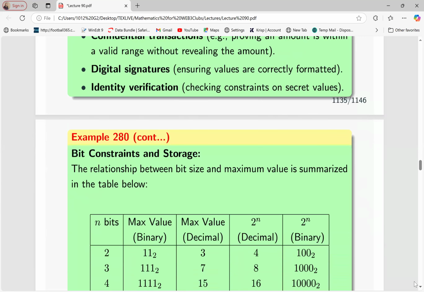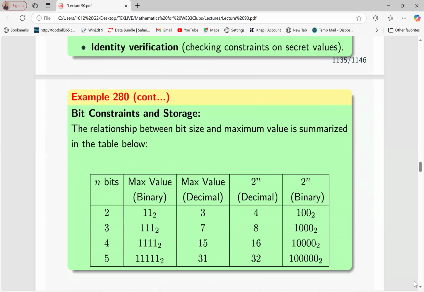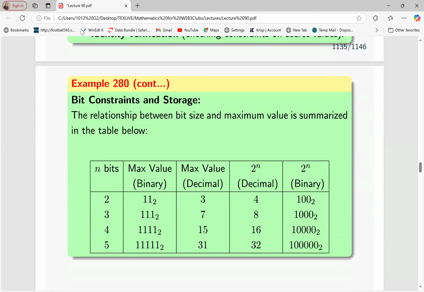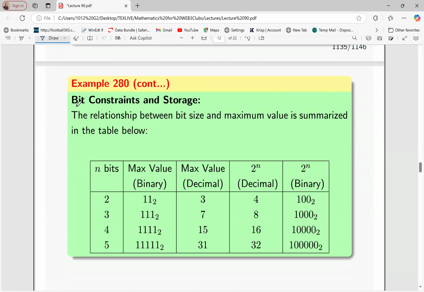Now, briefly, let me look at constraints, bit constraints, and storage. We've already talked about constraints, only that we never looked at storage. Storage is how many bits you are storing, for instance.